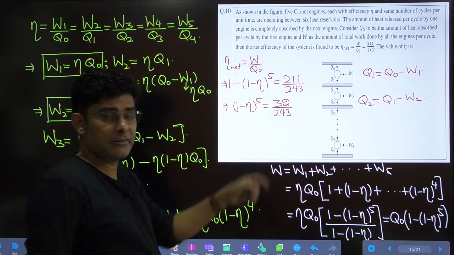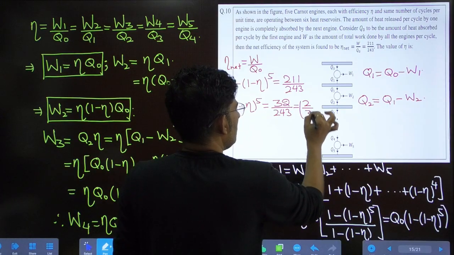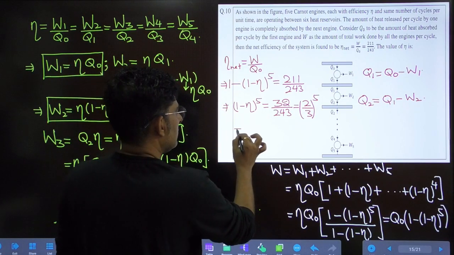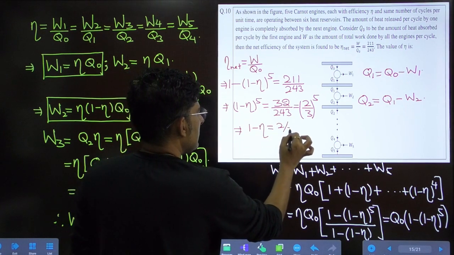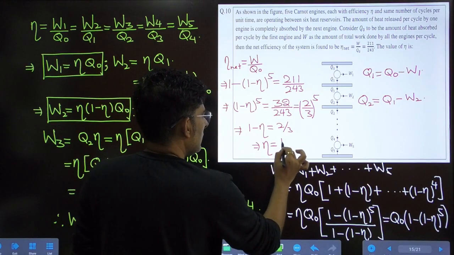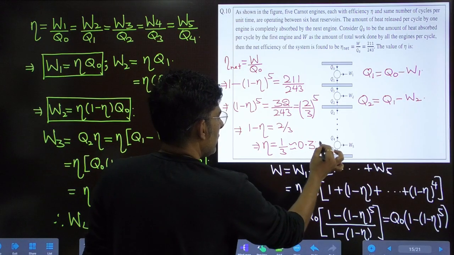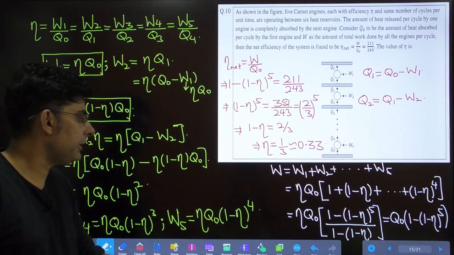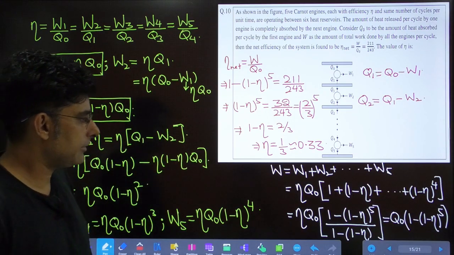But here the power is 5. Can we write this as 2 by 3 to the power 5? So from here 1 minus eta becomes 2 by 3. That means eta will become 1 by 3, which is approximately 0.33. So the correct answer for this question should be 0.33. I hope this is clear to all of you. We'll proceed with the next question.